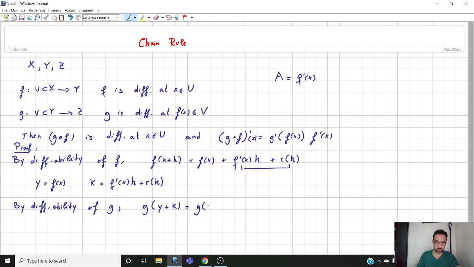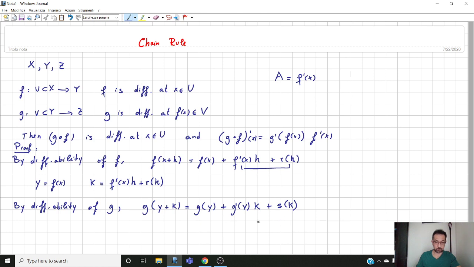Similarly, we have g of y plus g prime evaluated at y times k, in this case not h but k, plus let's call this s of k, which is a small o of k, meaning again that the norm of s of k is going to go to 0 faster than the norm of k.